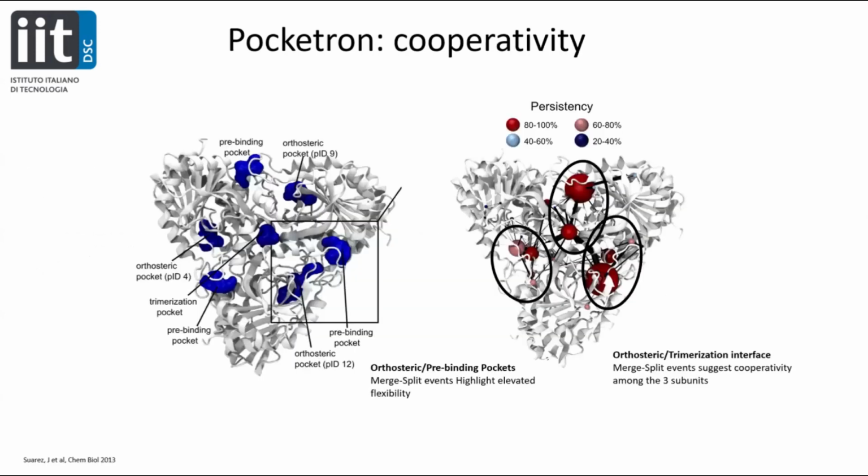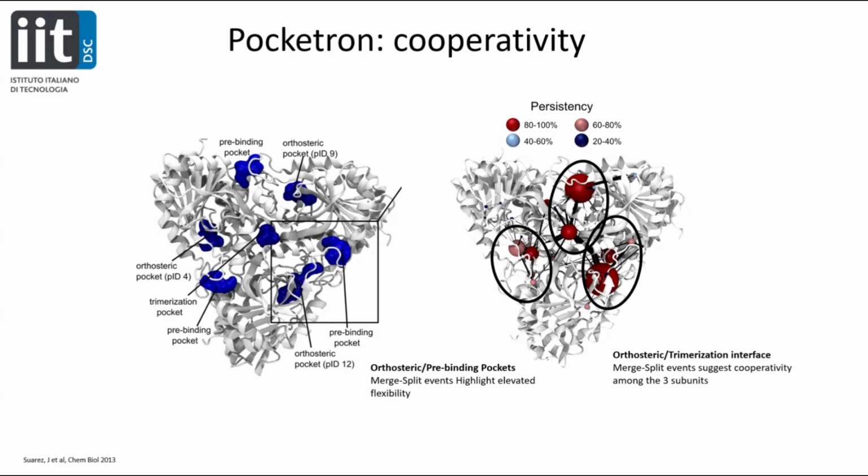To give you an example of what we applied the methodology to, this is purine nucleoside phosphorylase. This is a system we studied a bit at this stage, and it is a homotrimer. You have three allosteric binding sites, and here there is a so-called one-third hypothesis, which means that you inhibit just one site and then automatically all the others by allosteric communication, and the system shuts down completely.